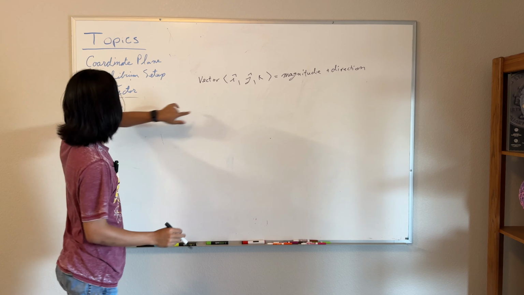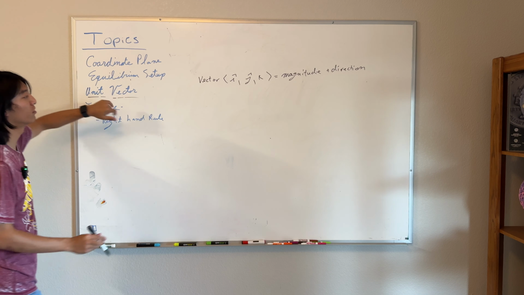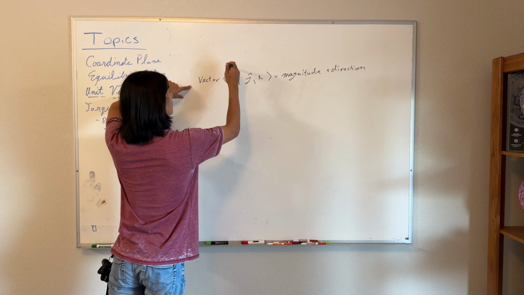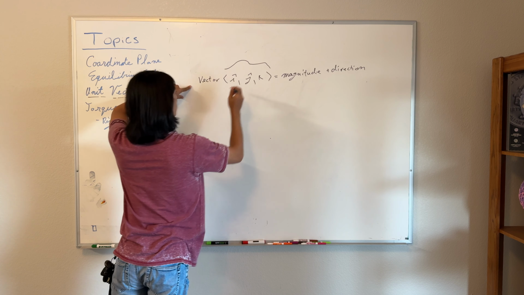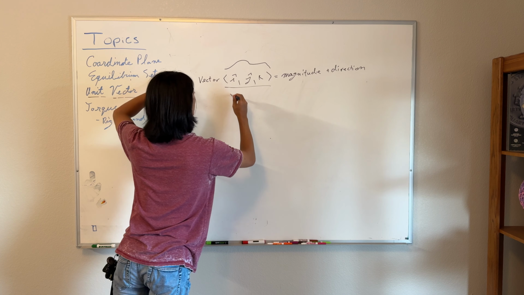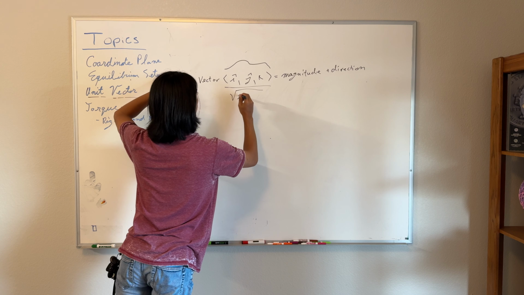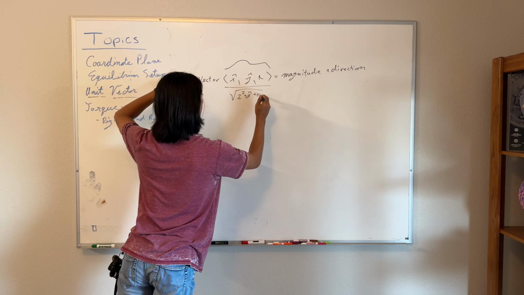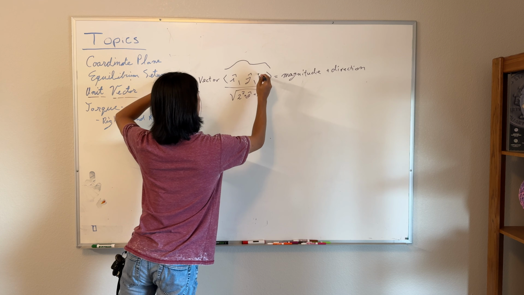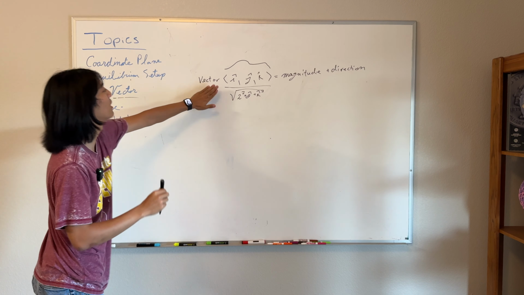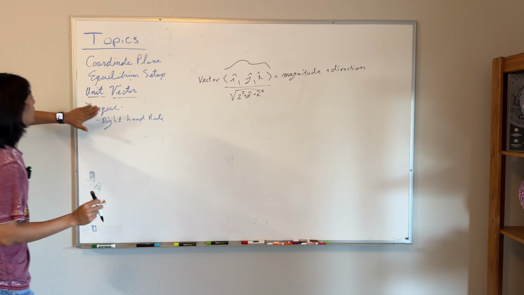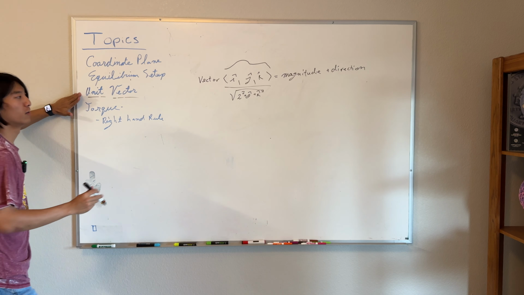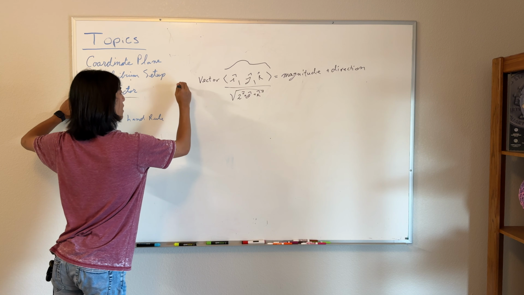So what we are doing when we have a unit vector is we are going to take this term right here and divide it by the square root of the I hat squared plus the J hat squared plus the K hat squared, right? This is now converting a vector into a unit vector. And again, a unit vector is U hat.